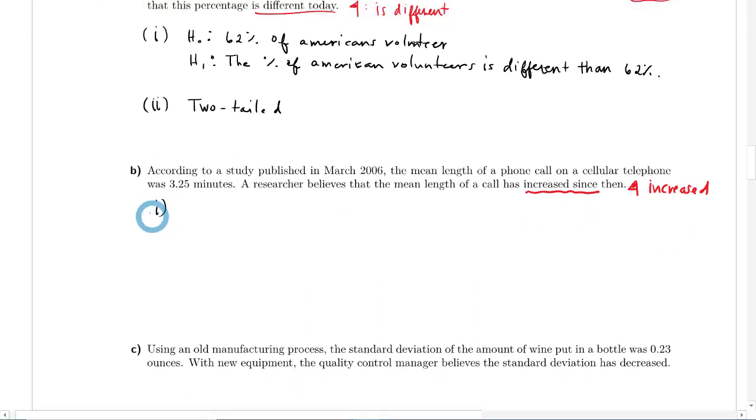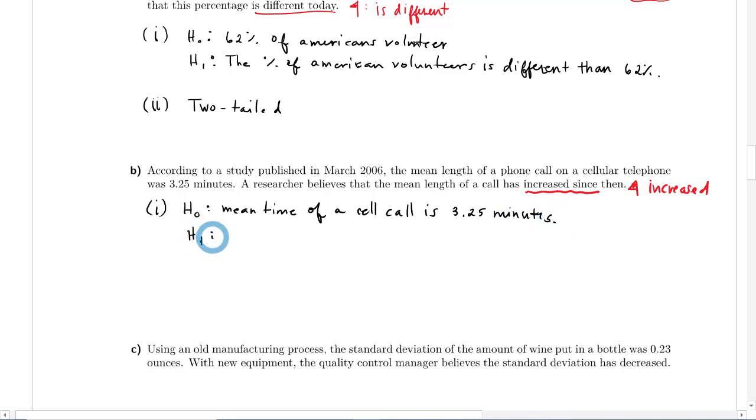The null is the status quo, nothing's changed. So what is the mean length of a cell phone call? The mean time of a cell call is 3.25 minutes. Status quo, nothing's changed.